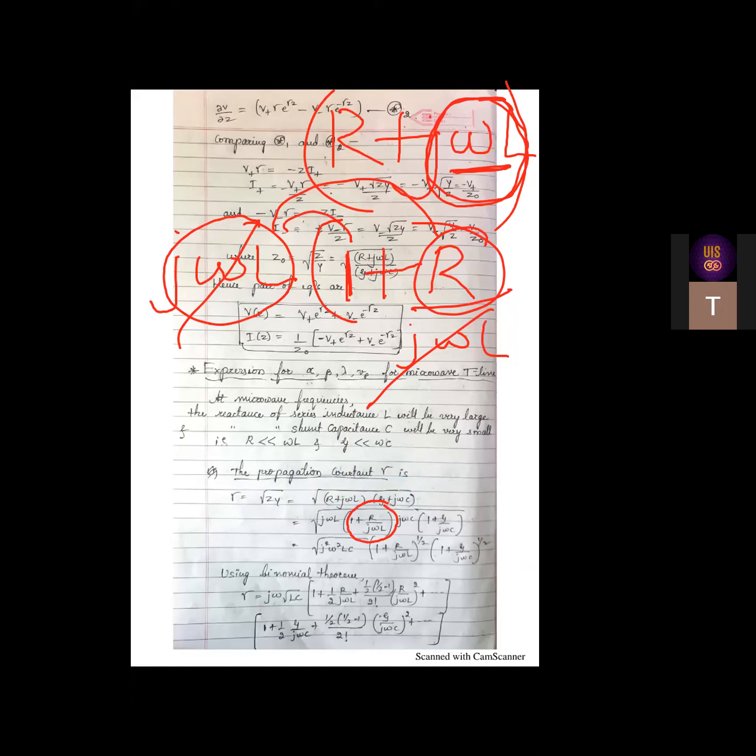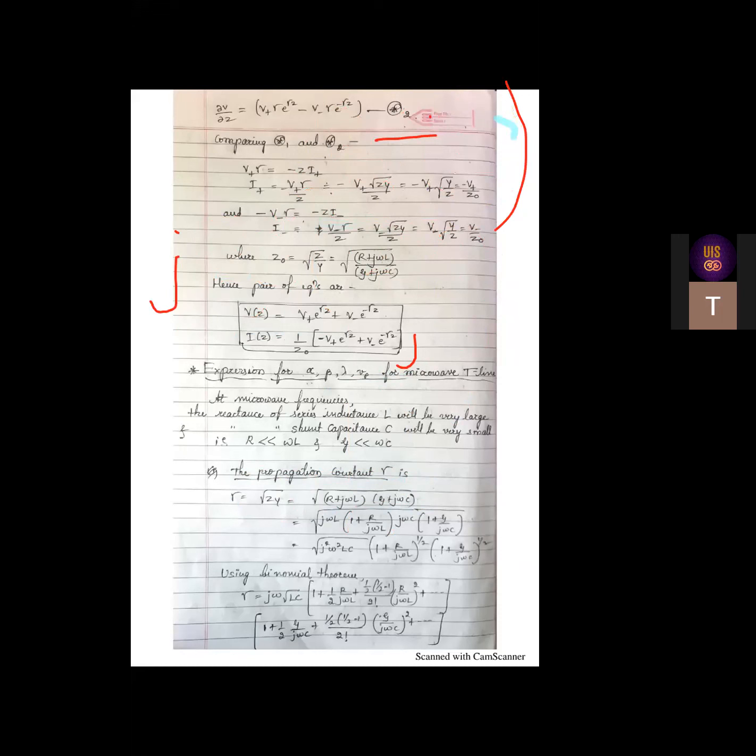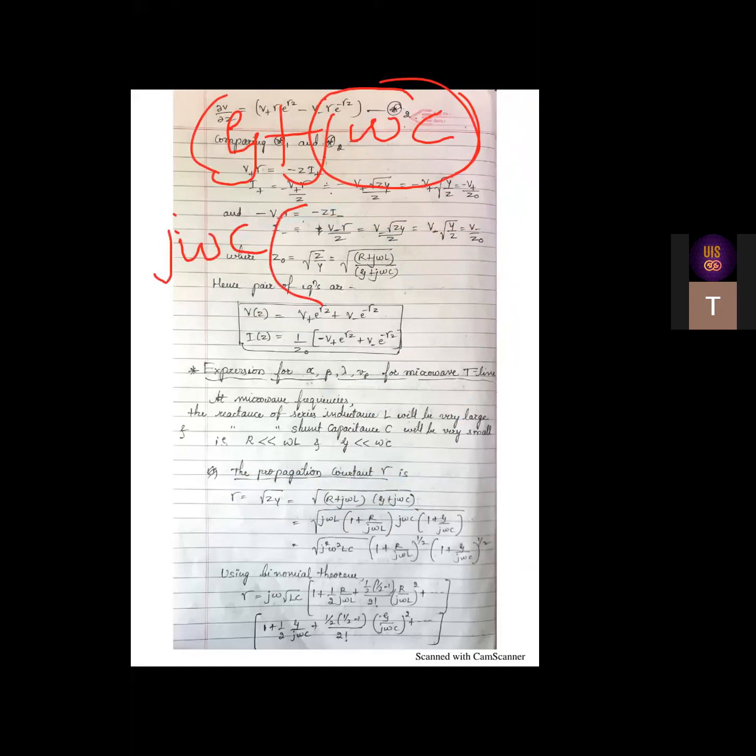Similarly, let me do it for G plus j omega C. Taking j omega C common, I'll be left with 1 plus G divided by j omega C, since G has no j omega C, so I divide it by j omega C. When you multiply it back to both the terms, you get the original back.